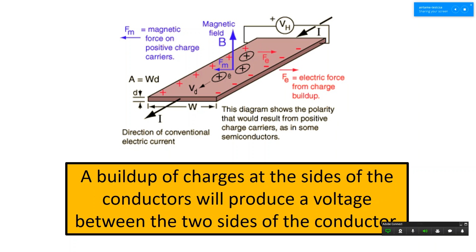V Hall is the voltage difference of the Hall effect, right? And then you use that to measure or to power whatever other circuit. So again, if any of you guys want to do this for your project, also a great idea.